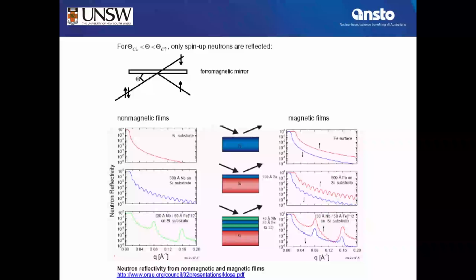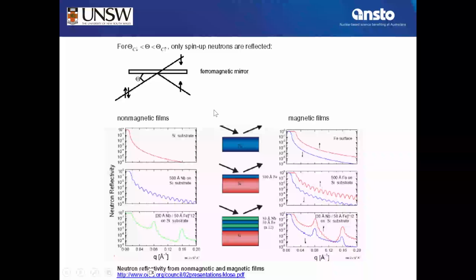And now the trick is you use a ferromagnetic supermirror. Here again, at the reflection, nuclear and magnetic scattering or reflection takes place. As shown in the cartoon here, only one spin component is reflected. The other spin component of the incoming neutron is transmitted.